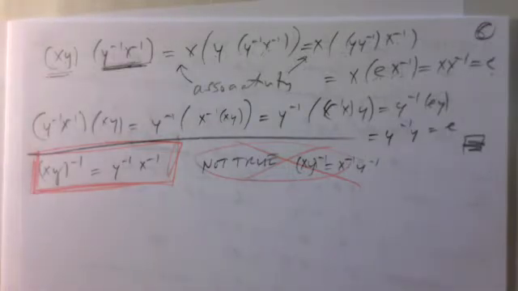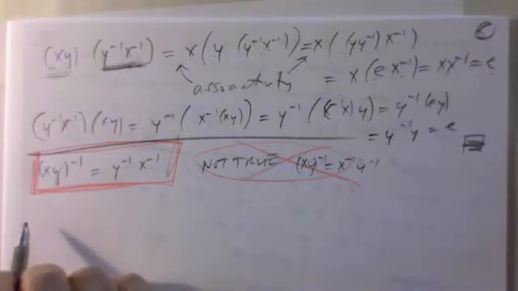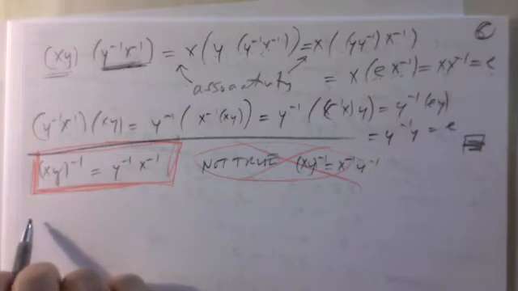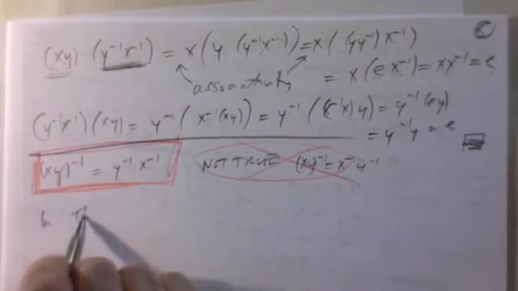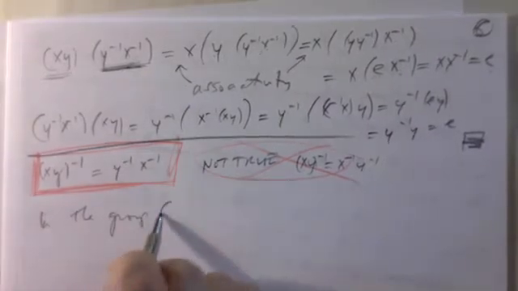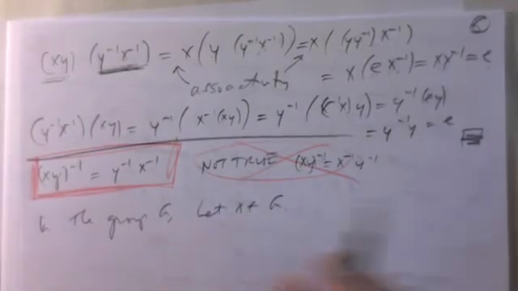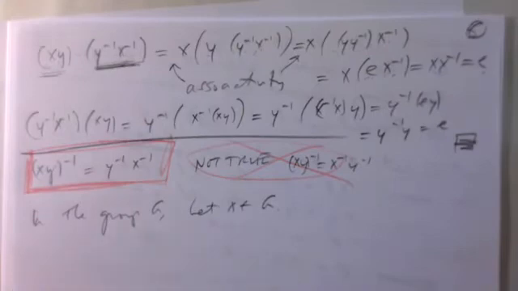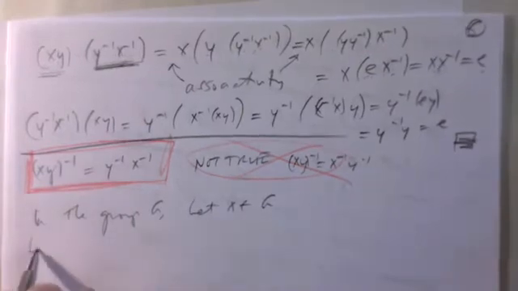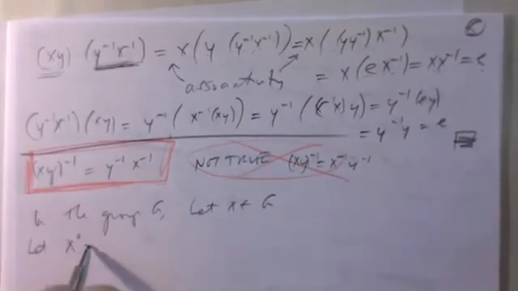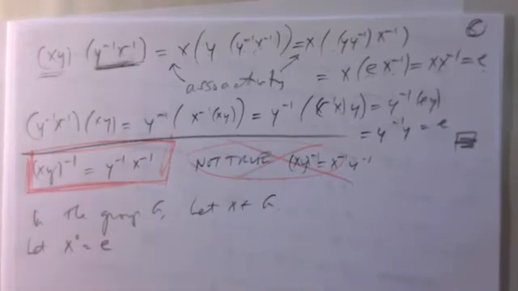There are some other properties of exponents that you're used to from doing math and calculus or wherever, and they're general statements that are true in any group. So suppose in the group G, let X be any element in G, and I want to define the powers of X. So let X to the 0 power be the identity.